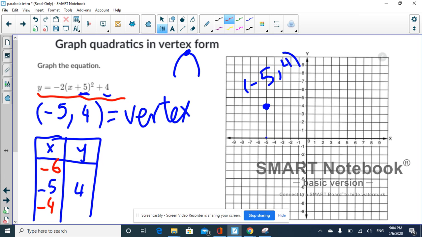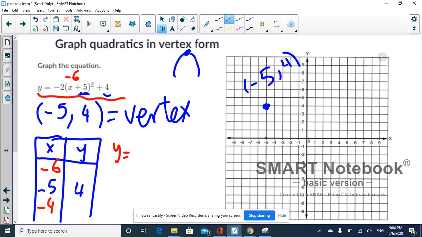We will change x and put -6 here. First we do what's inside the parentheses. -6 plus 5 is -1. Squaring a negative number gives a positive. -1 squared means -1 times -1.